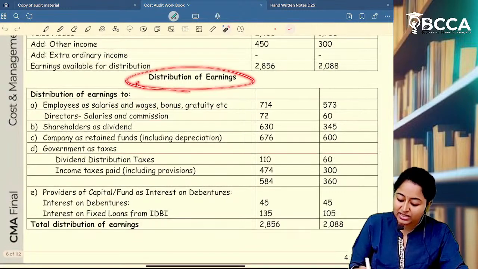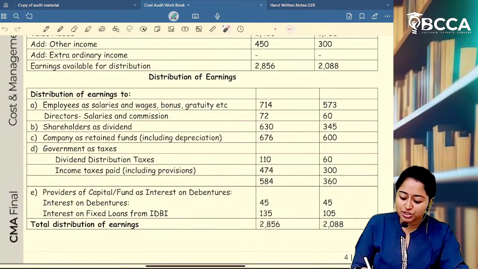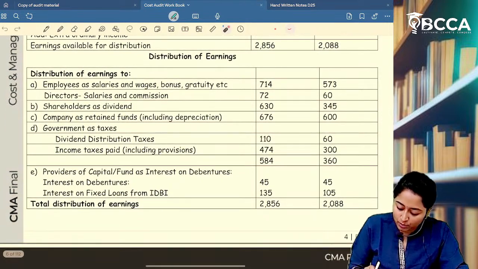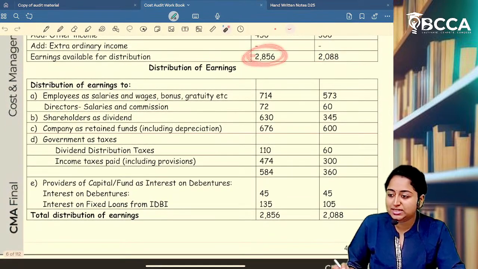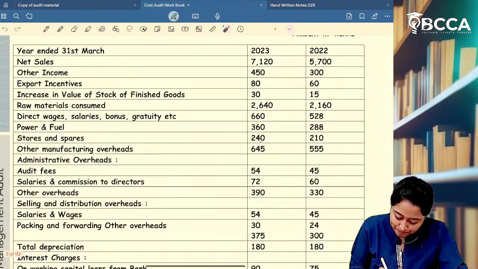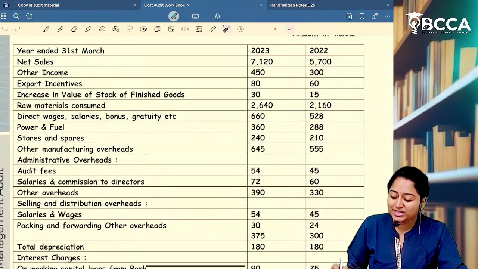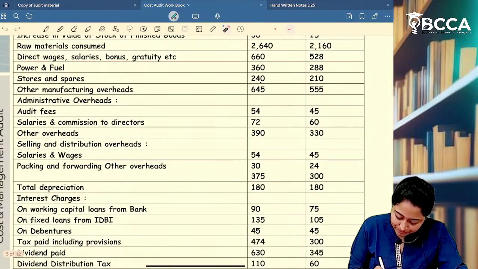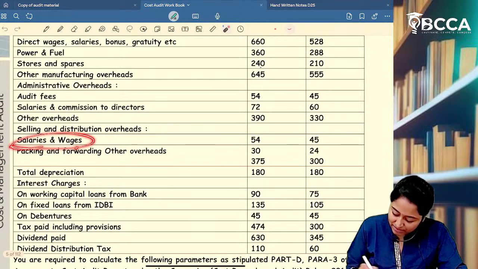And next, we'll write the other statement showing distribution of earnings to different claimants. Whatever earnings are there, to whom will these earnings be given? For employees as salaries, 660 and salaries and wages 54.